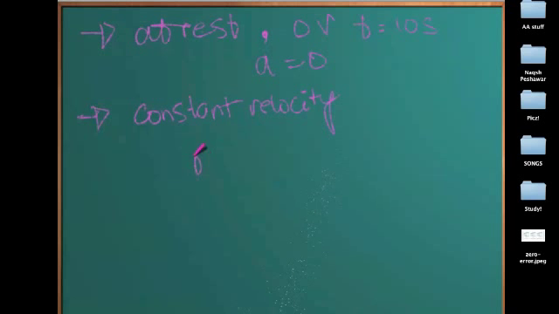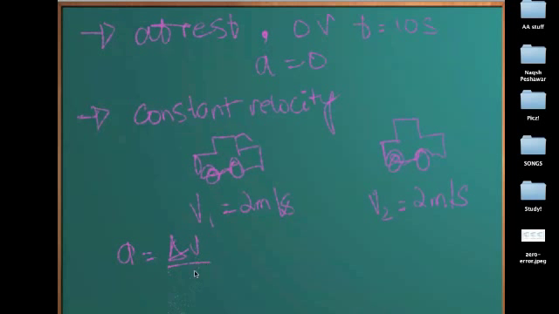For example, we have seen this earlier, the car has a velocity of 2 meters per second, and after 5 seconds, the same car has the same velocity. So since there is no change in velocity, the formula says delta V over delta T. Since there is no change in velocity, this is 0 over delta T, which means the acceleration is 0 meters per second square. So guys, this is acceleration.